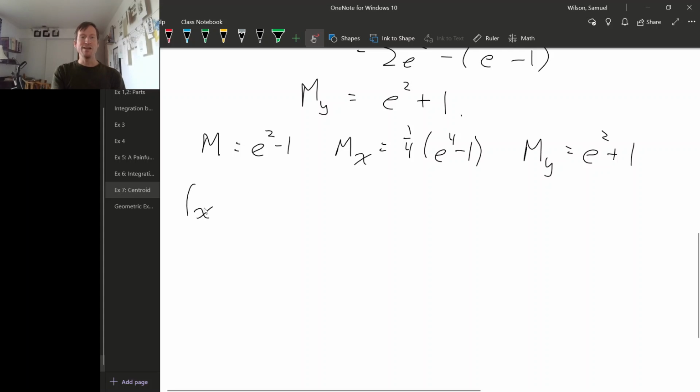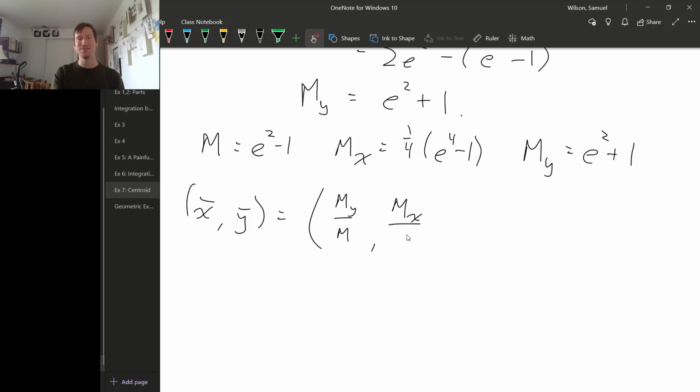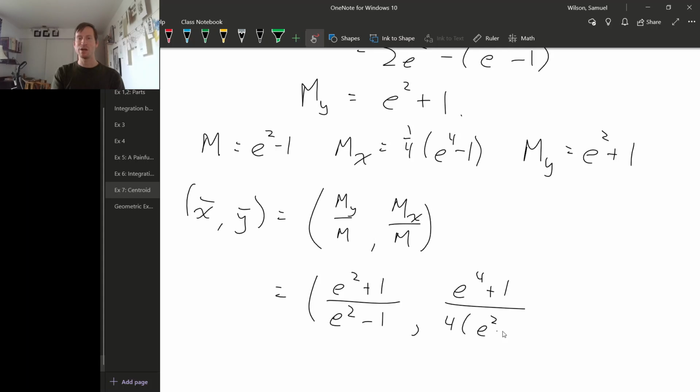So the centroid, x bar, y bar, is going to be, remember, the moment about the y-axis divided by the mass, comma, moment about the x-axis divided by the mass. So e squared plus 1 over e squared minus 1, comma, e to the 4th plus 1 over 4 times e squared minus 1.